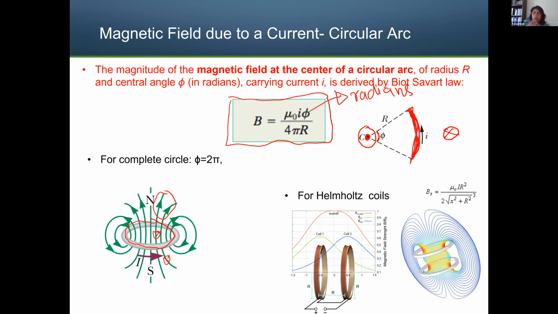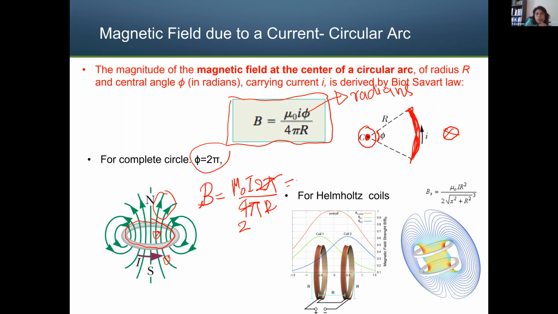So now if it is a full circle, what will happen to this equation? Then your phi will change into 2 pi, right? Then B can be derived as mu naught I 2 pi divided by 4 pi R. So then 2 pi and 4 pi cancel out, and 2 will be left.